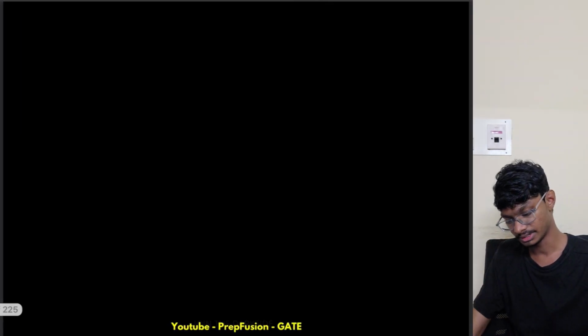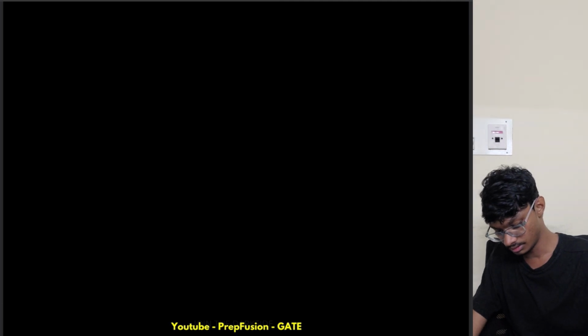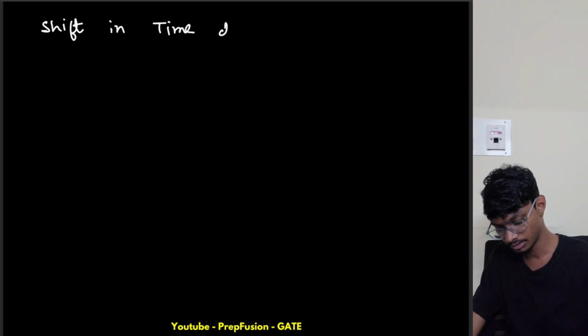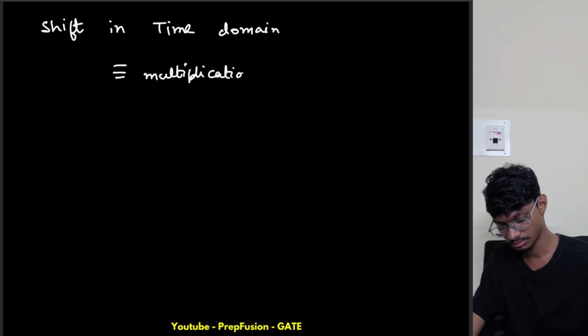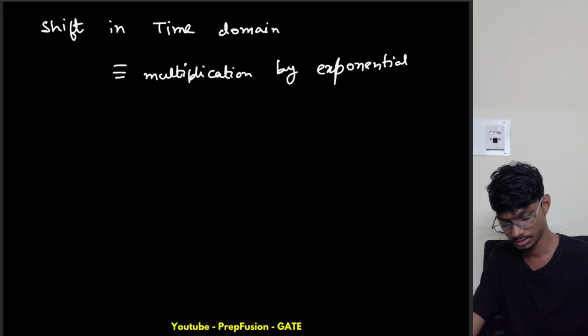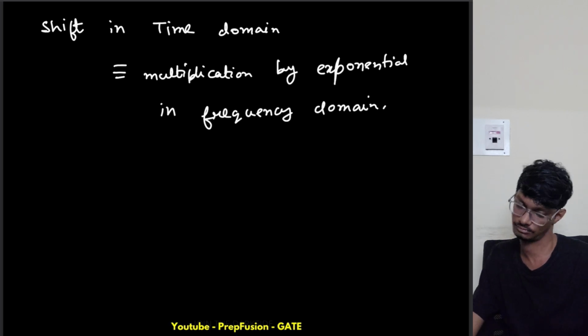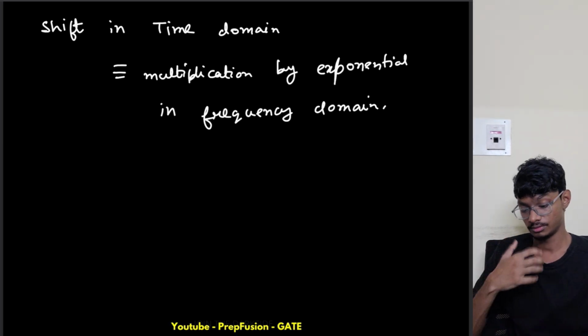What we can do simply is that a time shift in the time domain means multiplication by an exponential in the frequency domain. Okay, so what does this mean?